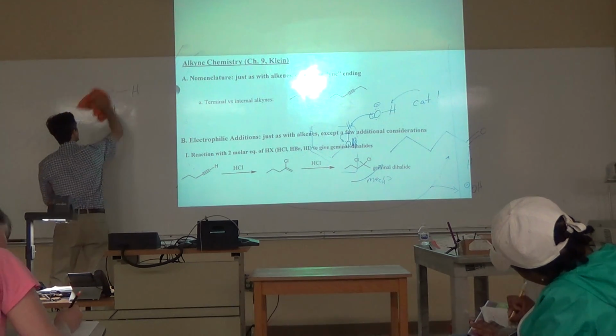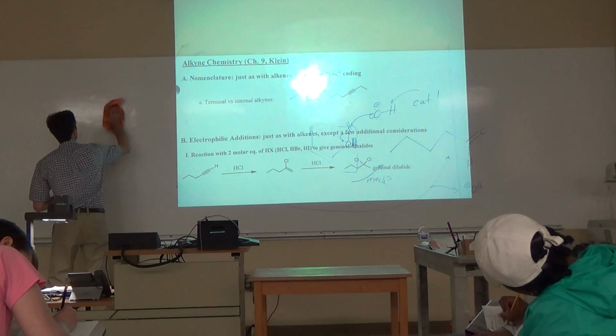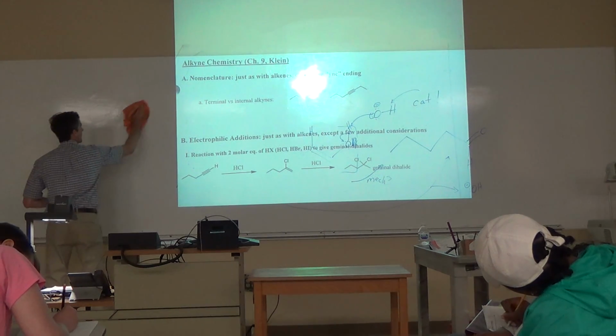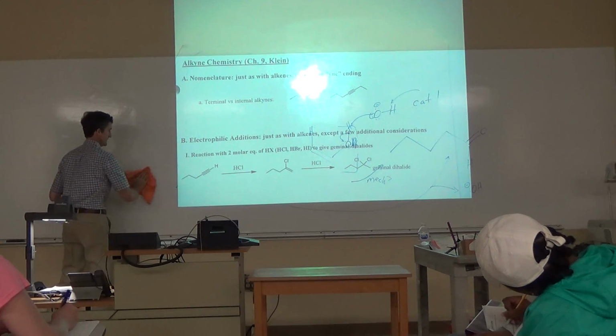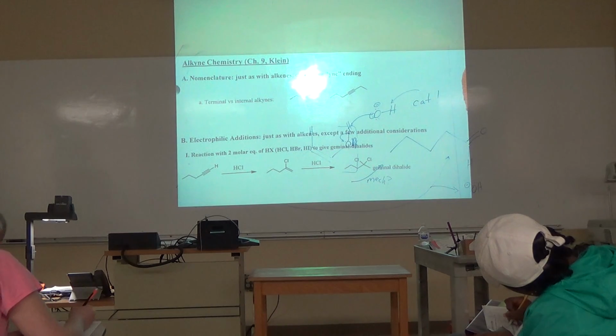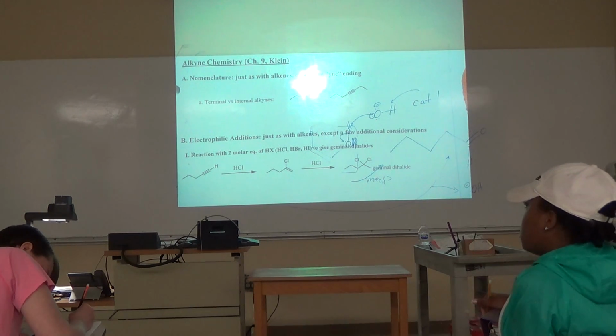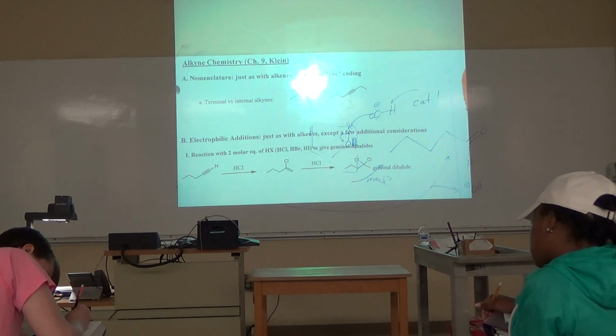On Monday and Tuesday, we're doing hydration of an alkyne, 1-hexyne, but we're not hydrating with borane, we're hydrating with aqueous acid. We're not using any mercury, although in textbooks mercury is often included.